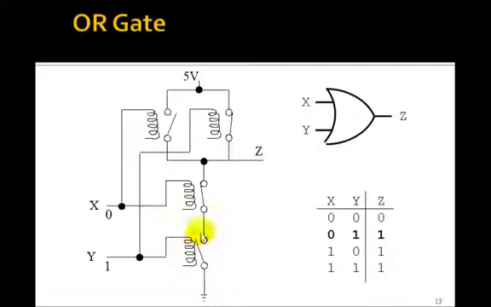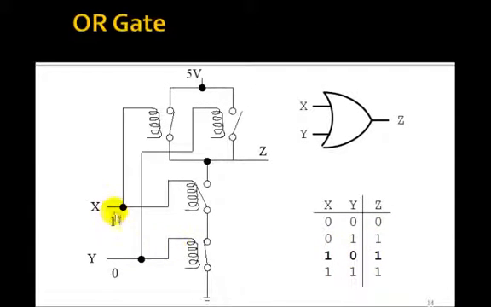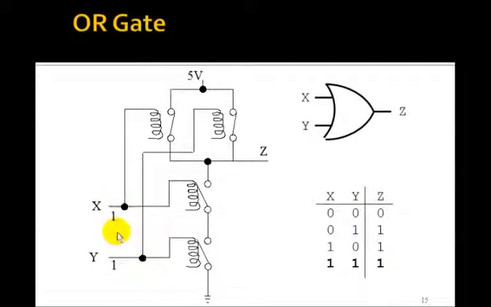It opens this one, which breaks the connection to ground, so the output would be 1. If X is 1, it closes this one, so now we have another connection to 5 volts. This one's open, no connection to ground, the output's 1. And if they're both 1, then both of these are closed, so we go to 5 volts, both of these are open, so we've implemented an OR gate.